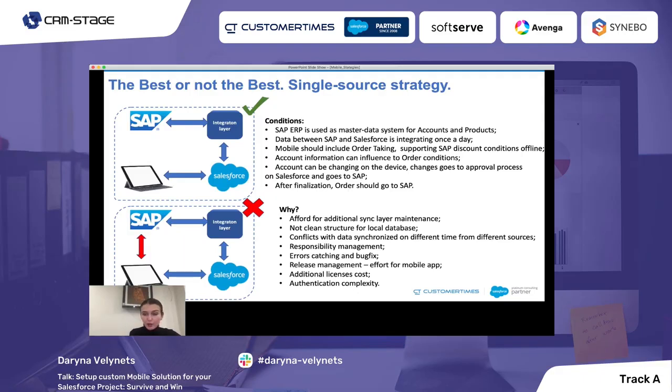It can take up to a week if you're using, for example, the App Store and so on. And of course, do not spend time on additional licenses for SAP, and do not make your authentication too complex. Even if you have SSO, you increase the complexity really.